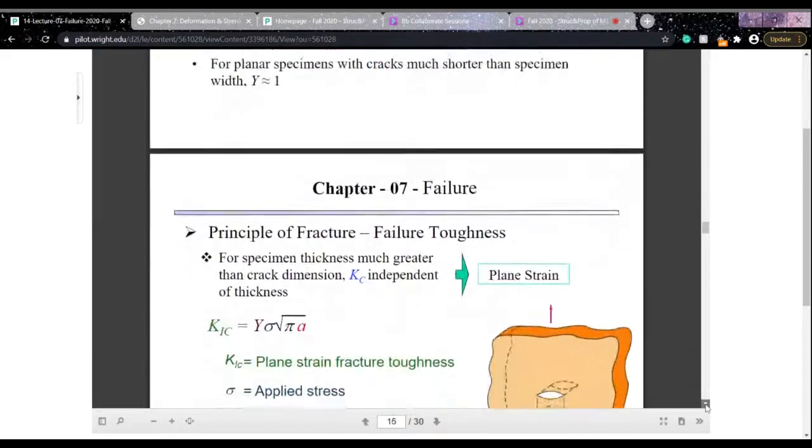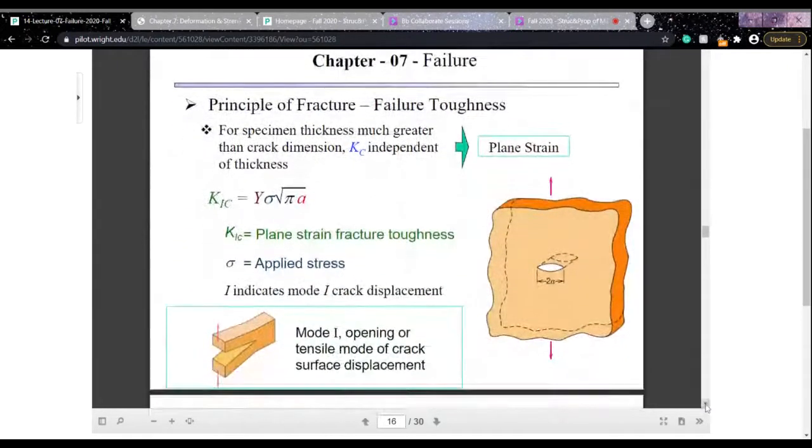And in this, you have different modes of crack propagation. So based on the mode, it is defined as K1C. Mode 1 is the opening mode, which you can see in the figure here.